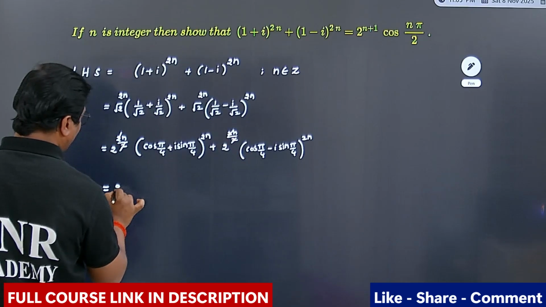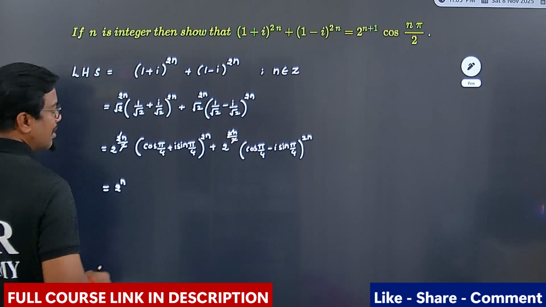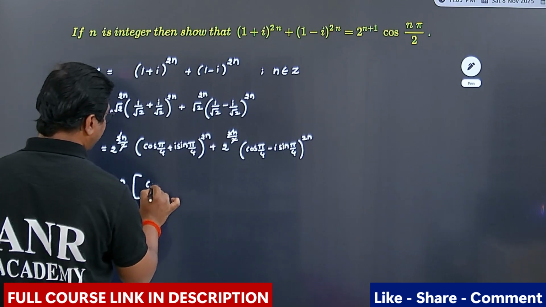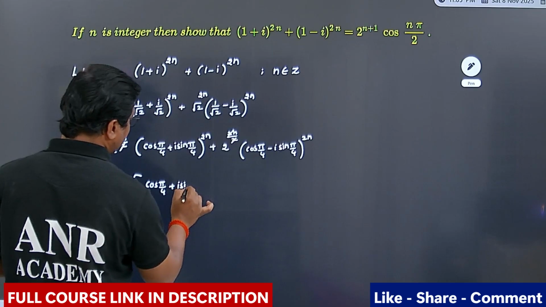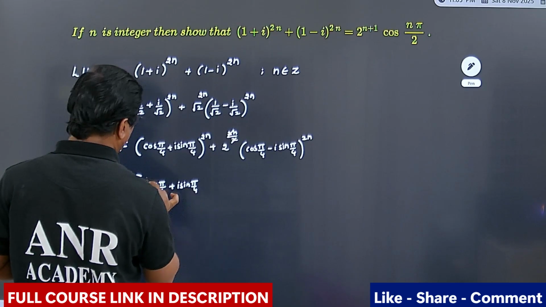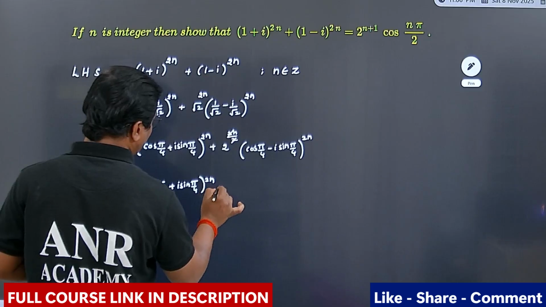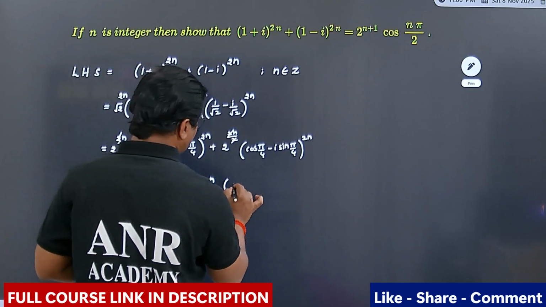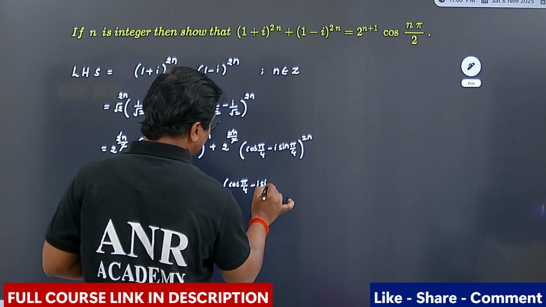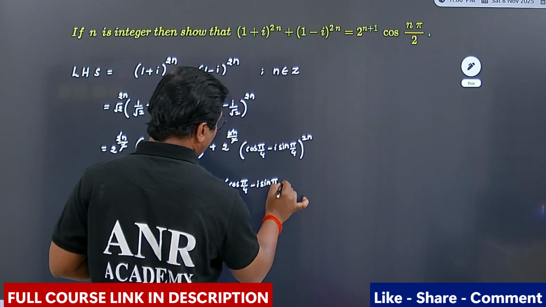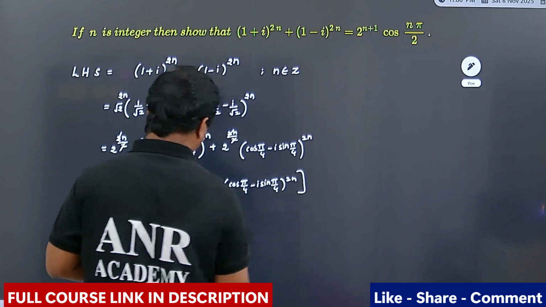If you take 2 power n common, then what happens? Cos pi by 4 plus i sin pi by 4 whole to the power of 2n, next, plus cos pi by 4 minus i sin pi by 4 power 2n it is.